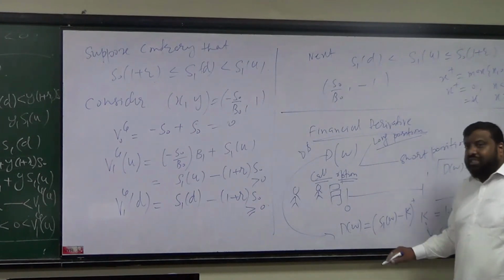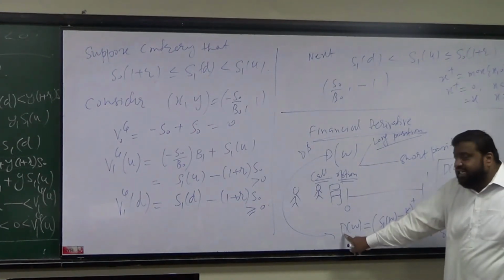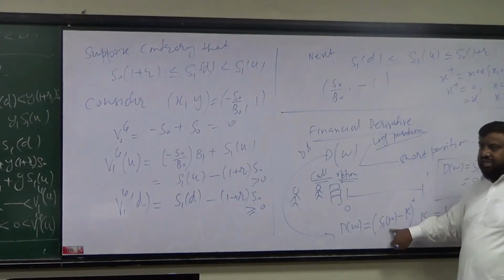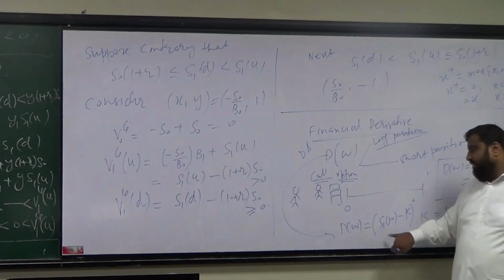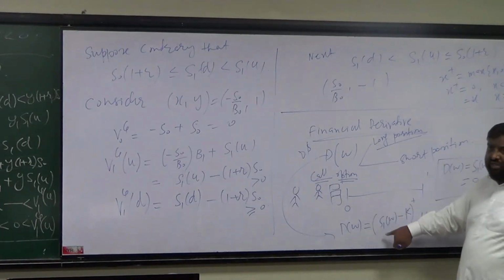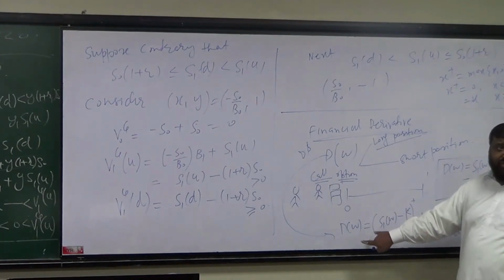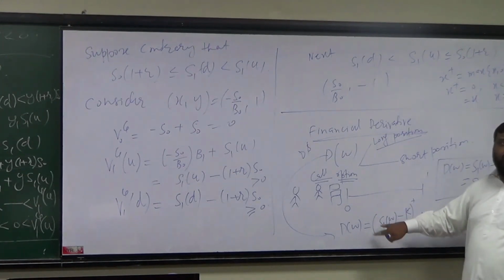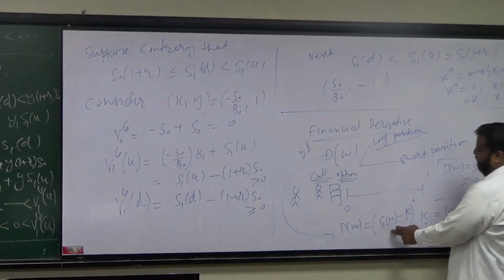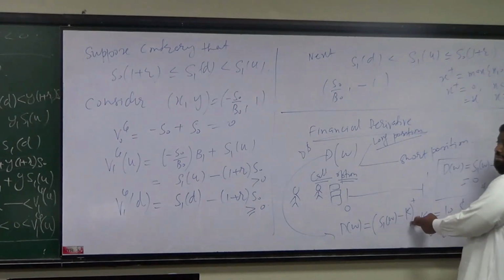Now you can already see that this derivative is a function of a stock. The payoff of the option depends on the stock, and therefore I'm calling it a derivative. That's one example of a derivative. There can be lots of others.